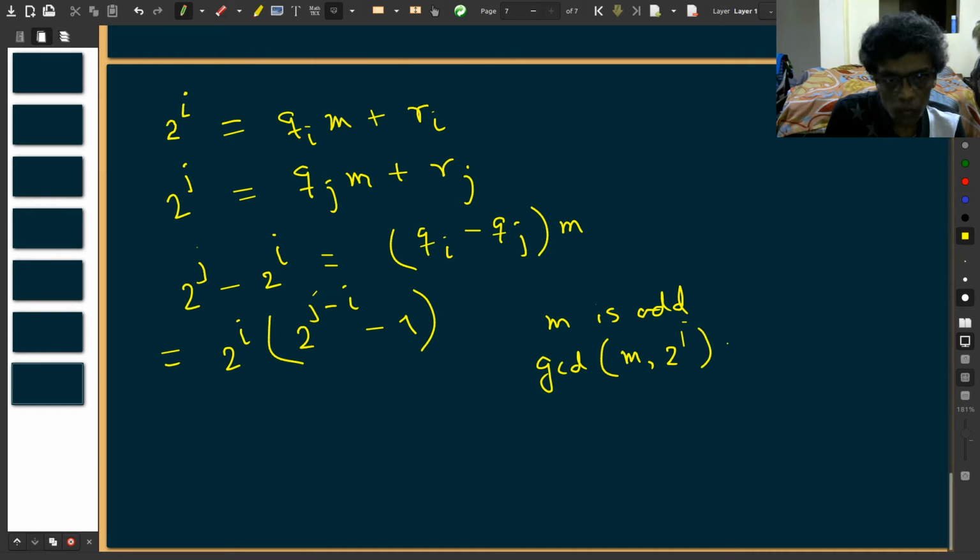So, GCD of m and 2 power i must be 1. So, since m is a divisor of this quantity and no factor of m comes from this, it will come from this. So, m divides 2 power j minus i minus 1.